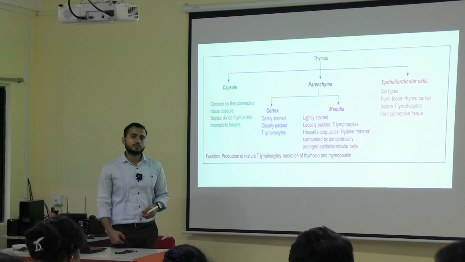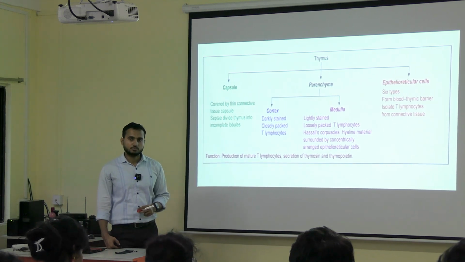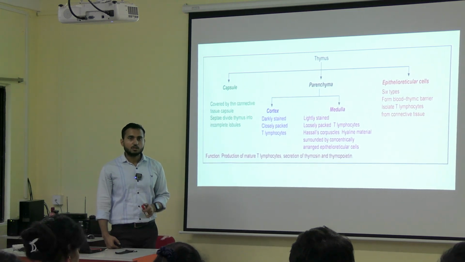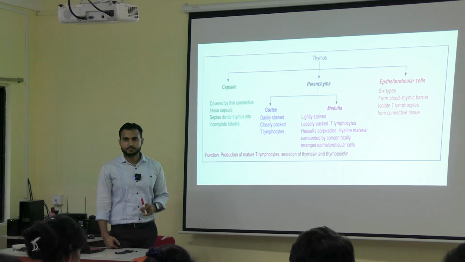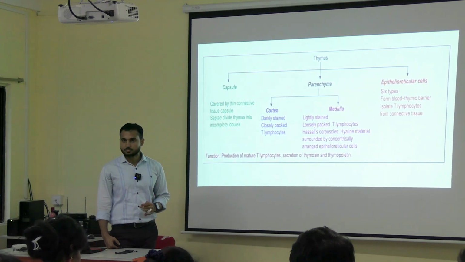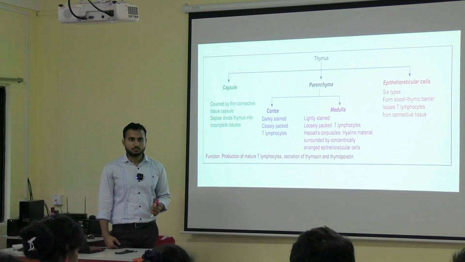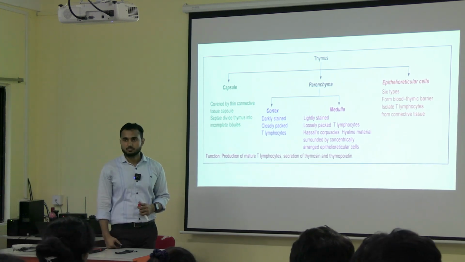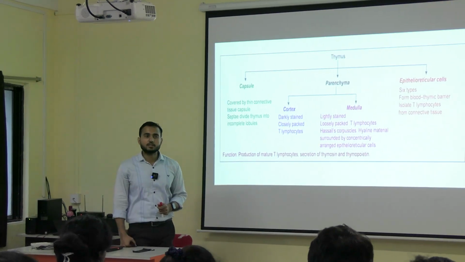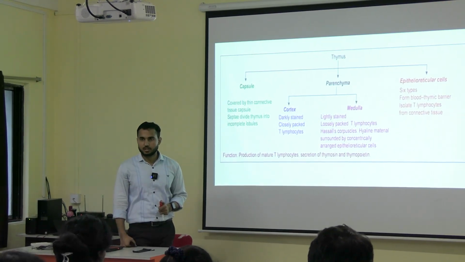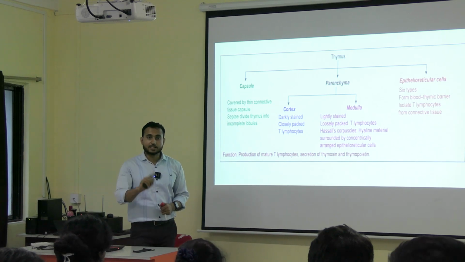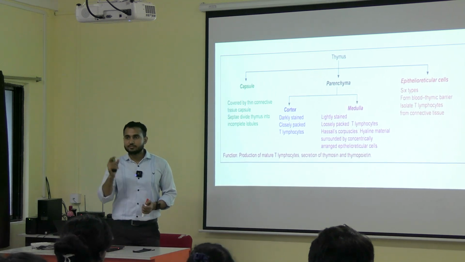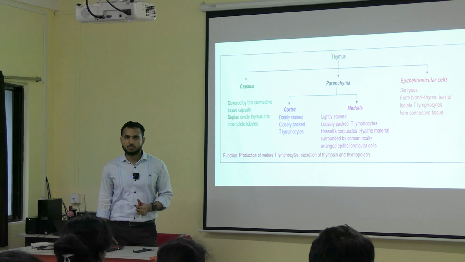Can anyone tell me what is the requirement of the blood thymic barrier? Why is the blood thymic barrier required? Very important. For that you have to understand the basic concept of types of lymphoid organ. What type of lymphoid organ is the thymus? Primary lymphoid organ. And whatever we have studied till now are secondary lymphoid organs. What is the difference? In a primary lymphoid organ, the lymphocytes which are formed are immature.